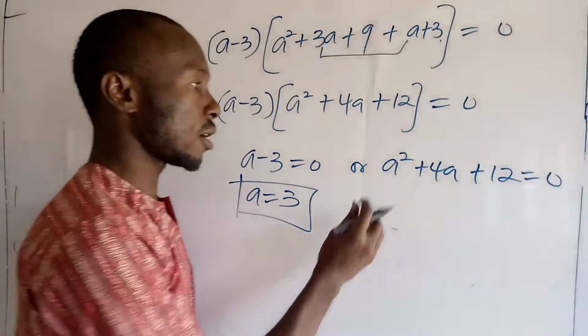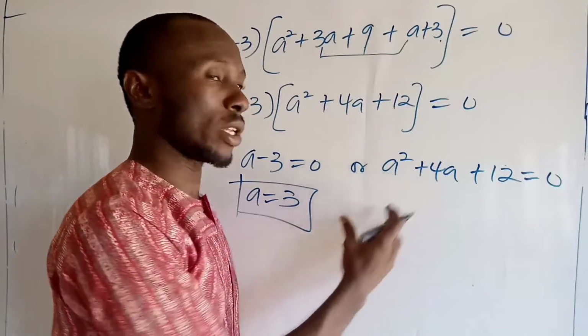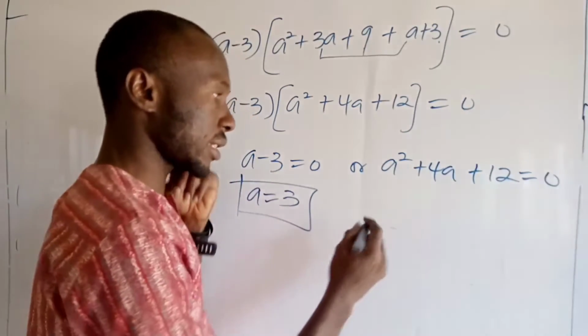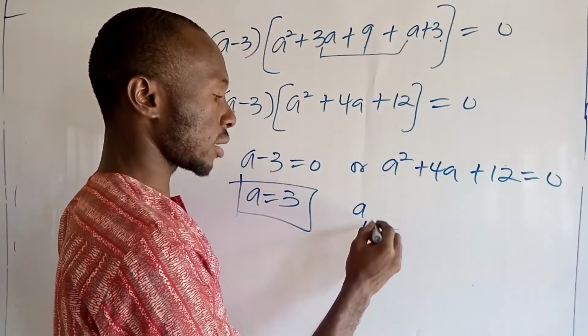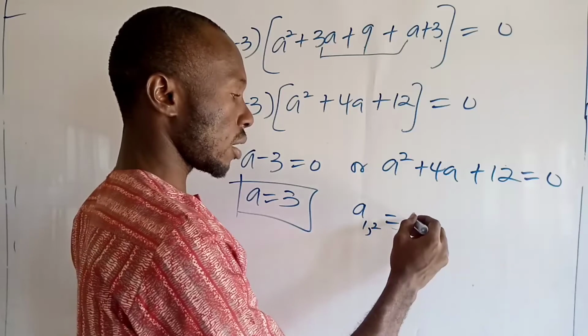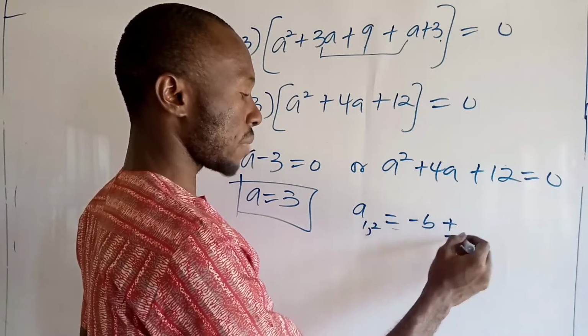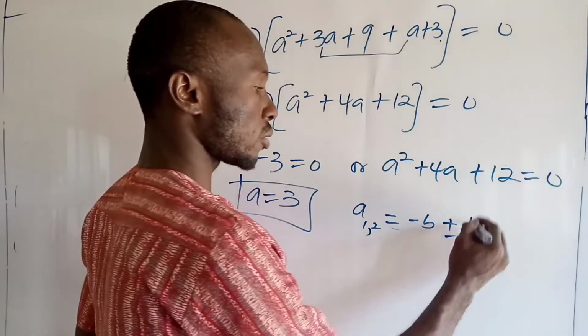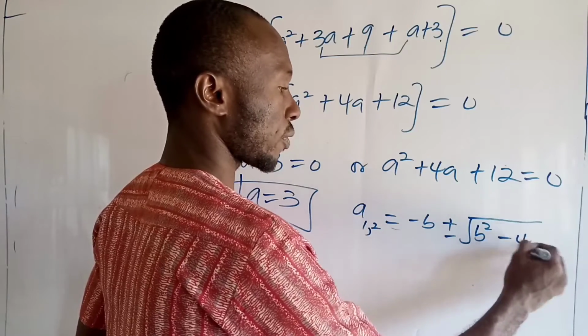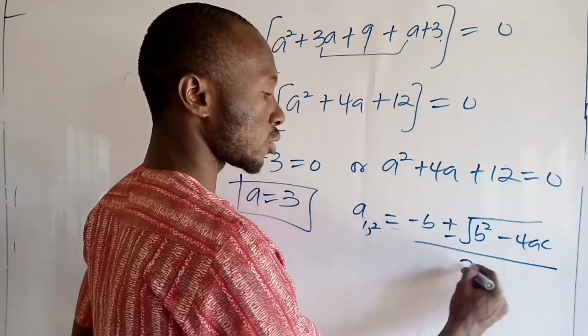Here we're going to solve this problem with the quadratic formula, which says x equals minus b plus or minus the square root of b squared minus 4ac, all over 2a.